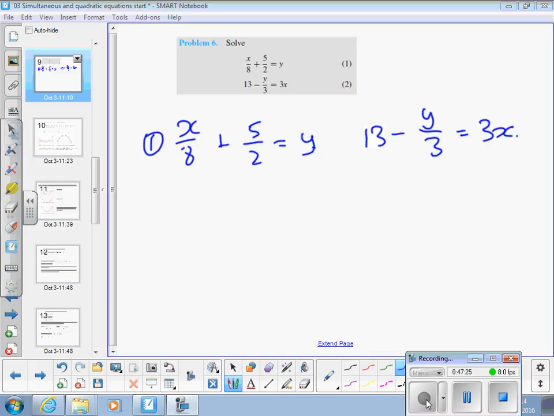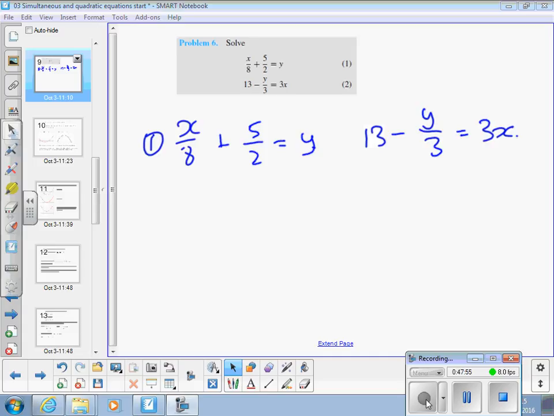What are we going to do? Try and 13. What make it thirds? Yeah.